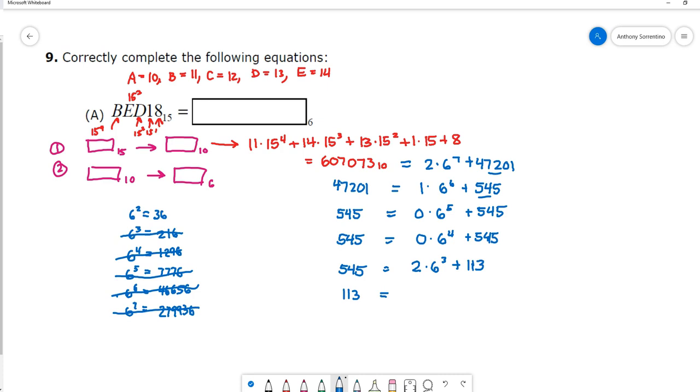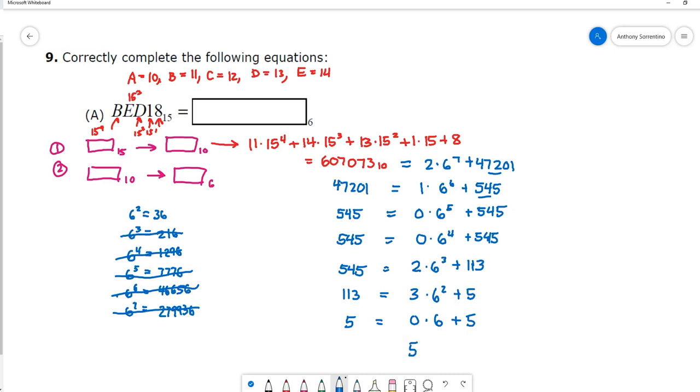So 36 goes into this 3 times. I'm left with a remainder of 5. So the 5 would go here. I would next try to do whatever goes in by 6 to the first power, but none of those would work. And this 5 would be the remainder.